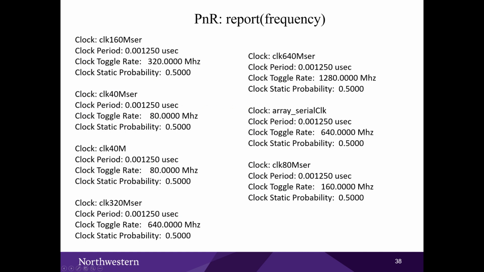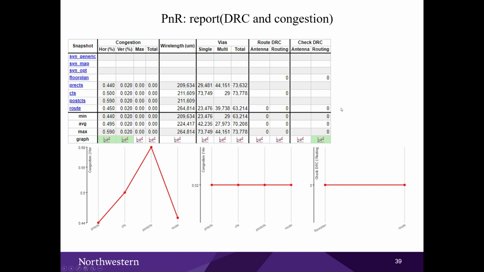And in terms of frequency, also called performance, the report after place and route told us that we have 7 clocks and their periods and rates. At last we got our DRC report and congestion report.